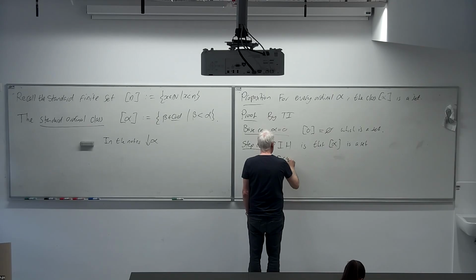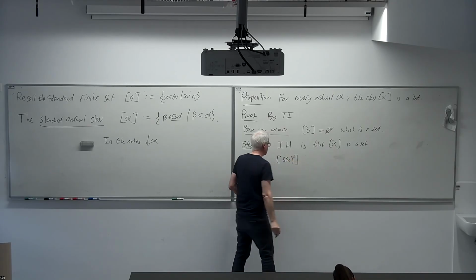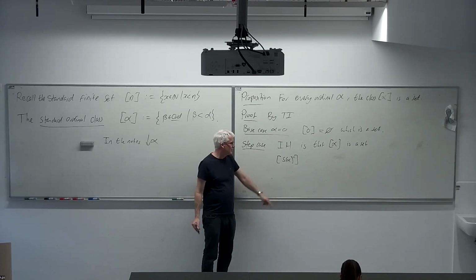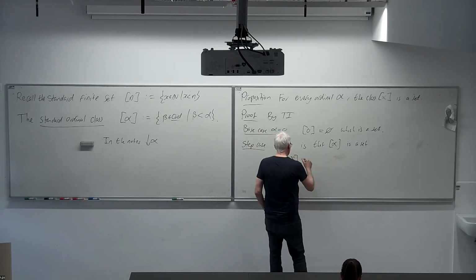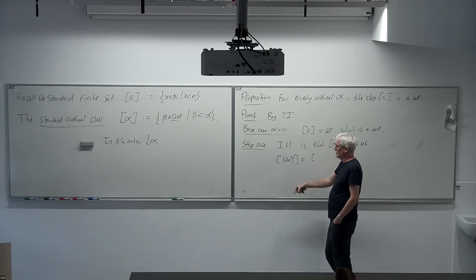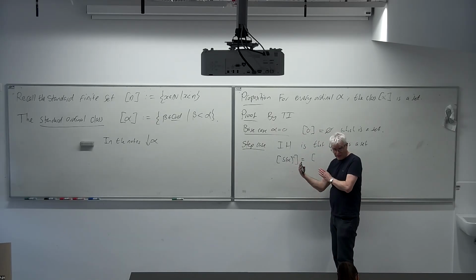Then what is the class of ordinals strictly less than the successor of alpha? By the successor axiom, the successor is the smallest thing strictly above alpha.